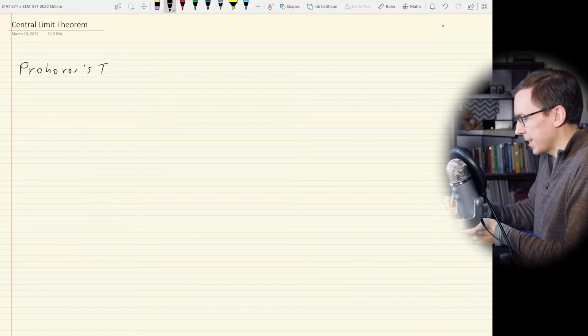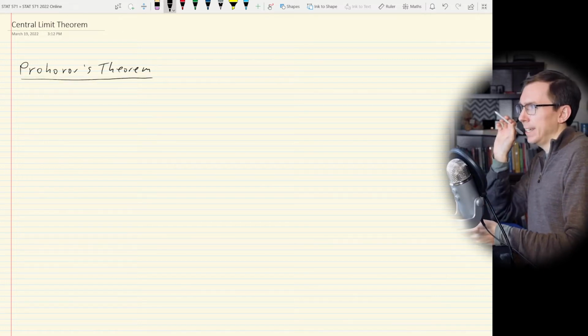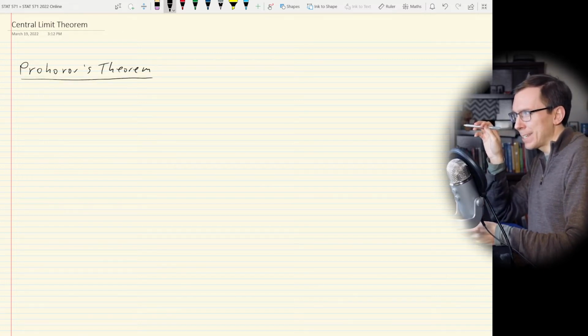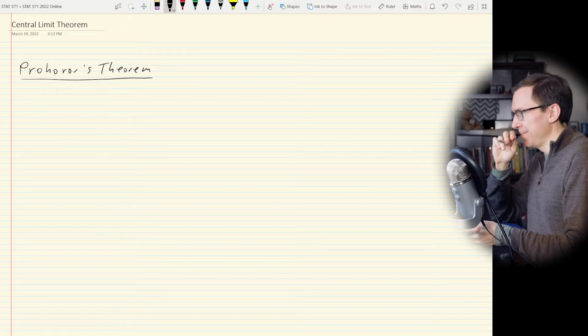Prohorov's theorem is a theorem about compactness in some sense, about convergence.